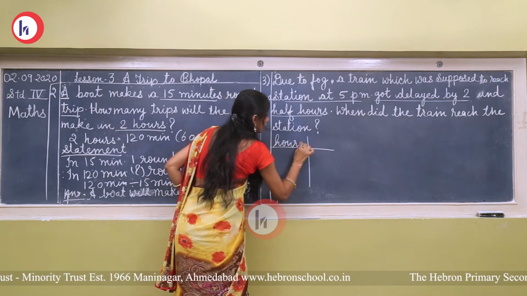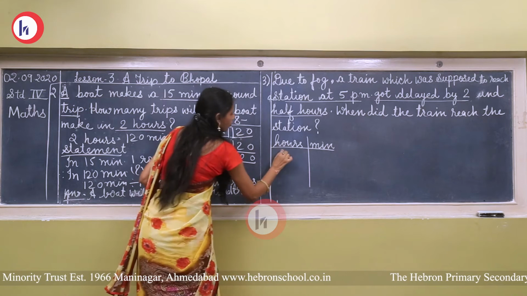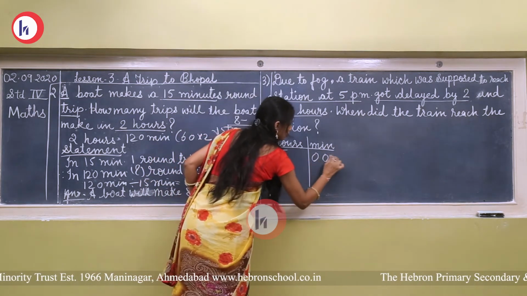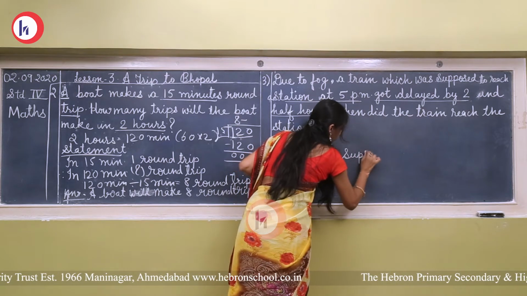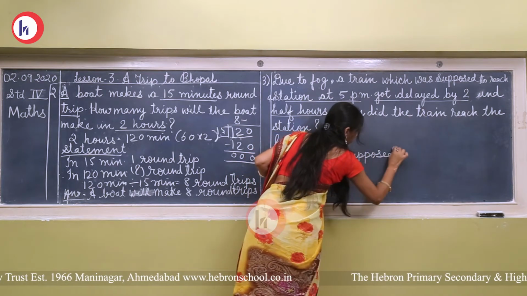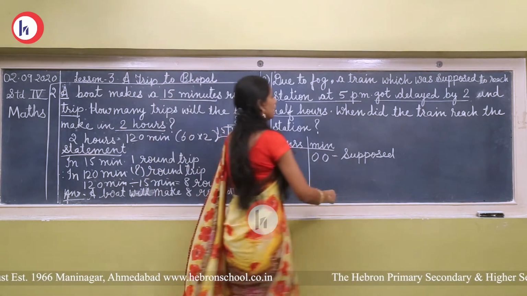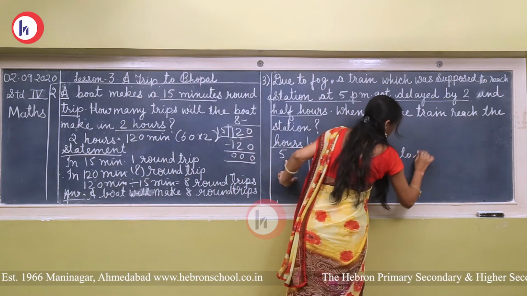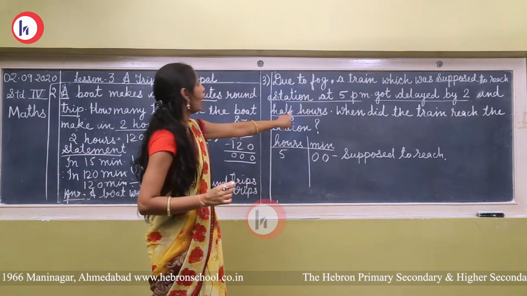Here we write hours and here we write minutes. Suppose 5 p.m. that is the time which was supposed to reach the train. Okay, and it got delayed by 2.5 hours.